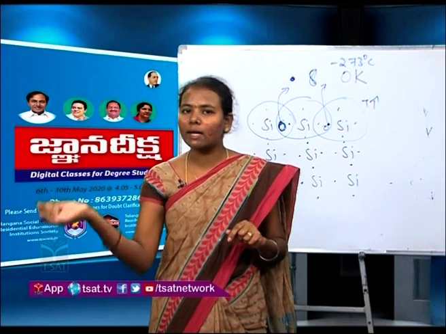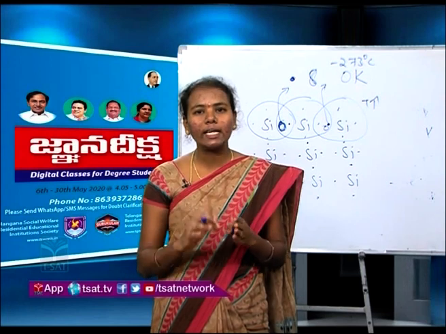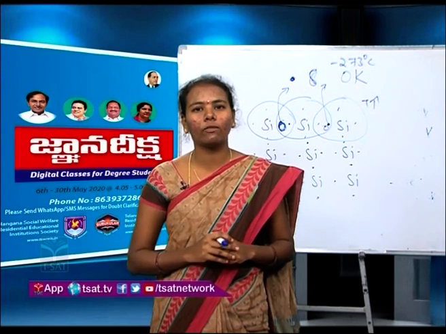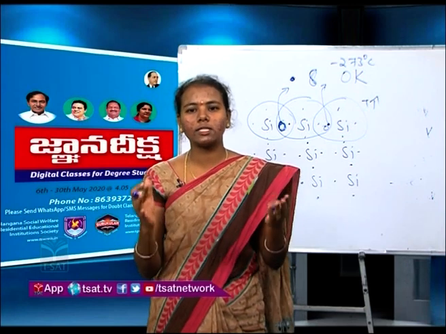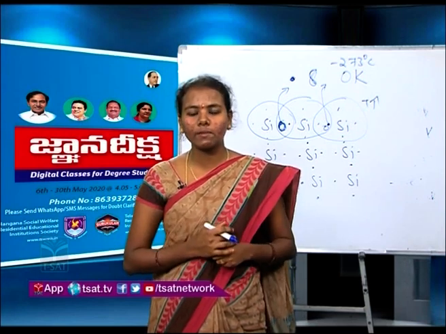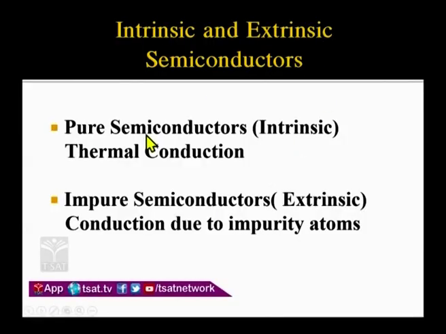We add other materials to the semiconductor to increase its conductivity. Thus semiconductors are of two types, intrinsic and extrinsic. Pure semiconductors are intrinsic, and the conduction in pure semiconductors is due to temperature, that means thermal conduction.